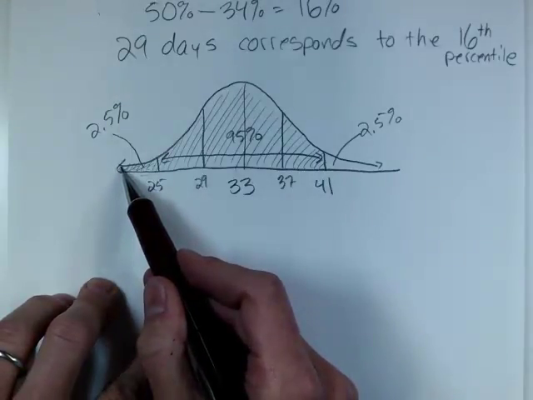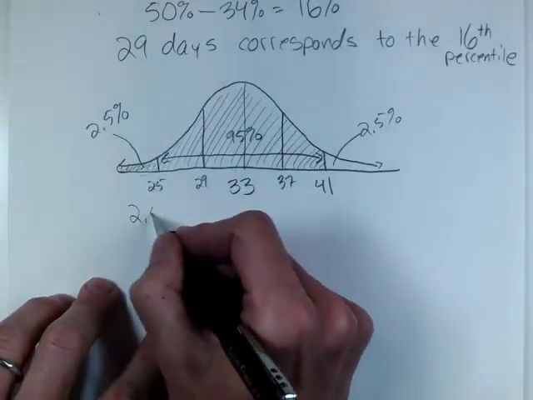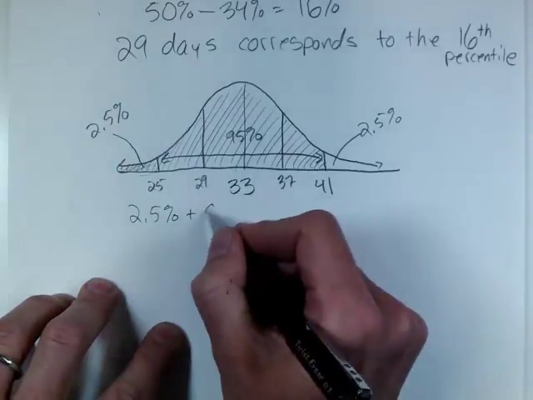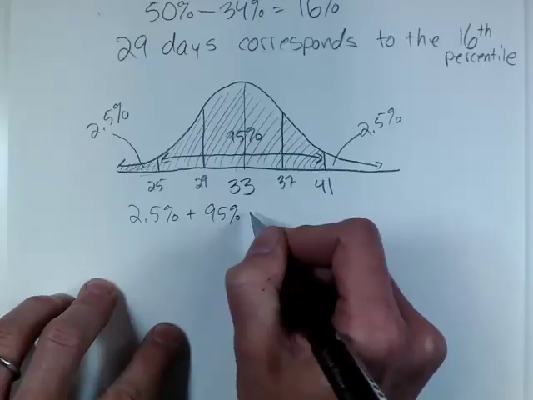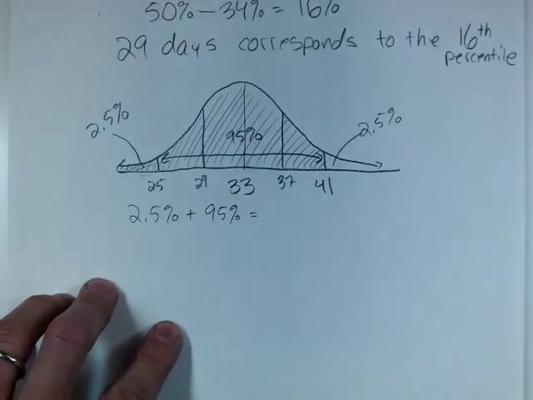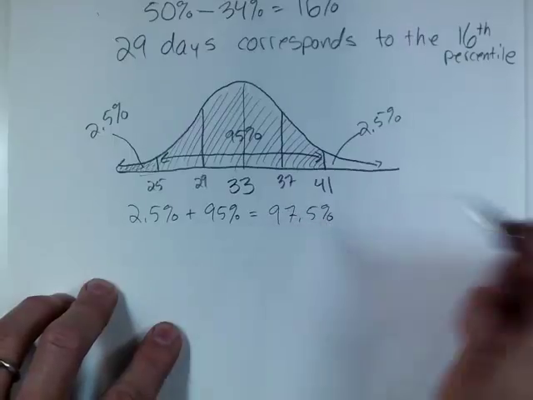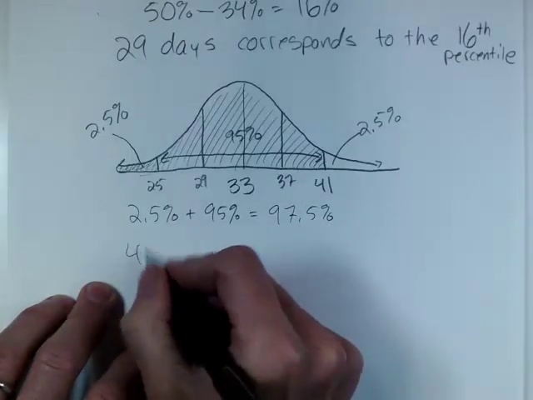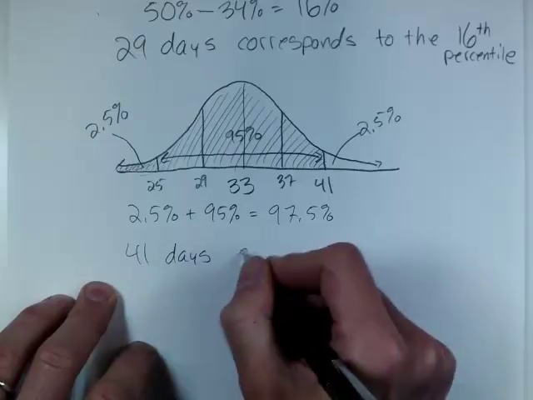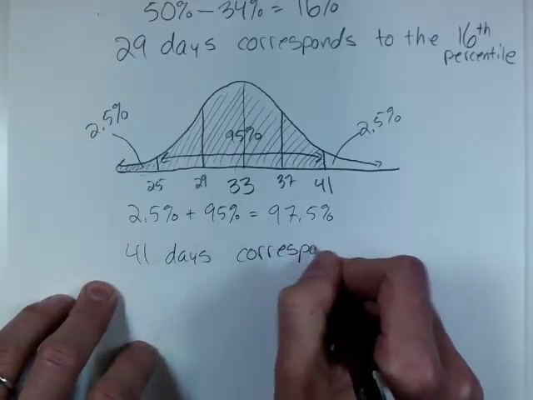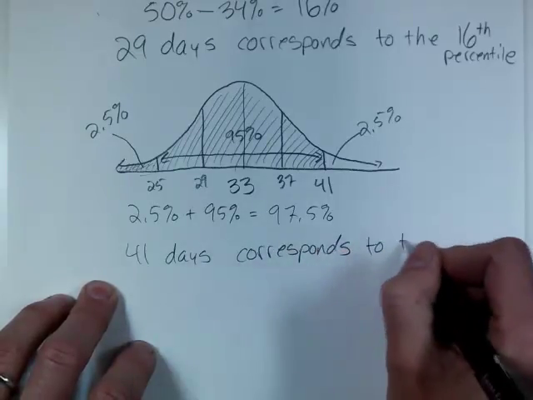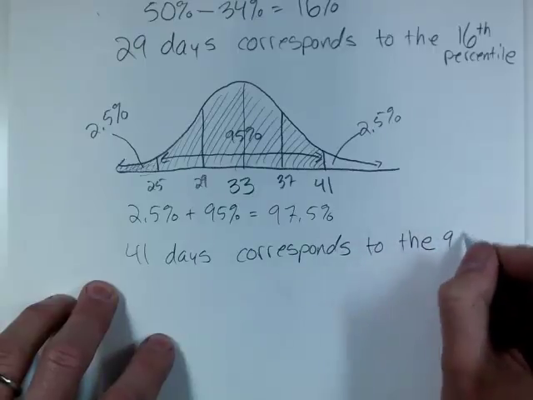So the percentile is going to be 2.5% plus 95%. What's that going to be equal to? 97.5%. So 41 days corresponds to about the 98th percentile.